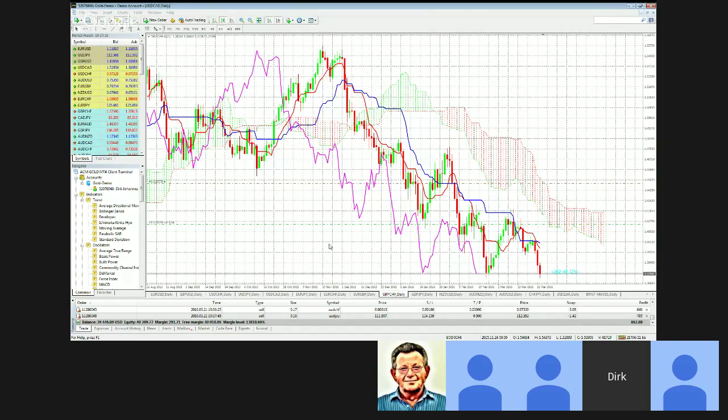It's a Tenkan Kujin-sen cross. Before that we had the Kujin break, which happened there. I wasn't happy with it because of where the Chiku was situated, so I said I'd probably wait for the Tenkan Kujin-sen cross, which actually happened yesterday. So this one's confirmed. What do you guys think?